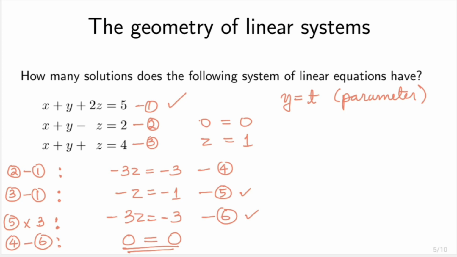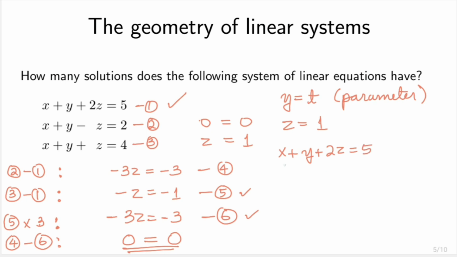the other variables. So when y equals t, as for z, it's equal to 1. We already found it. But what about x? We have x plus y plus 2z equals 5.